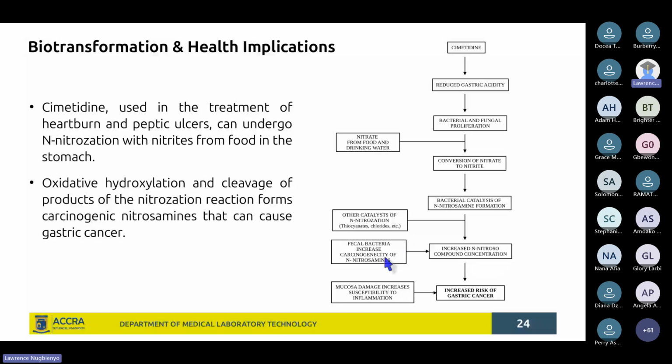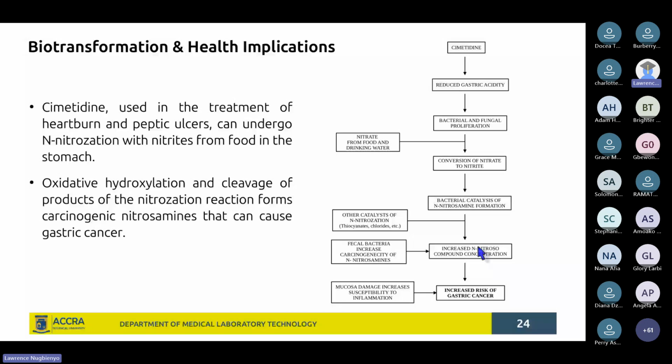So actually, even though the drug is treating peptic ulcers and heartburn, it increases the risk of gastric cancer in the end because of the condition of reduced gastric acidity that it creates.